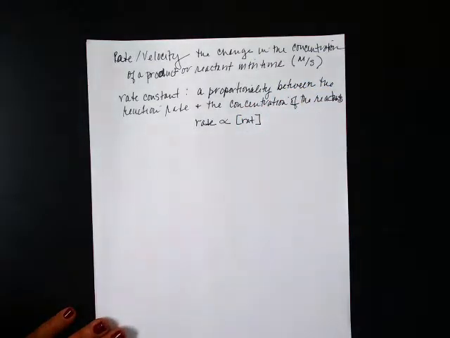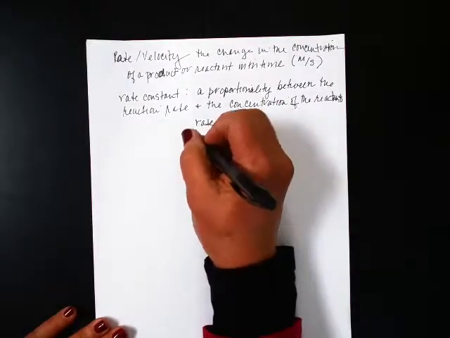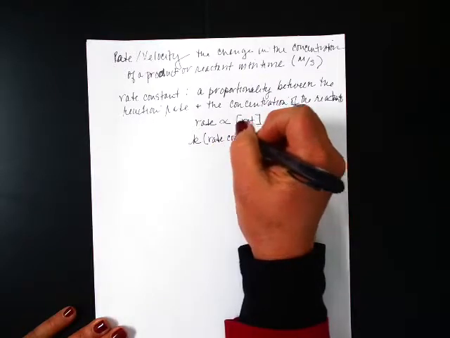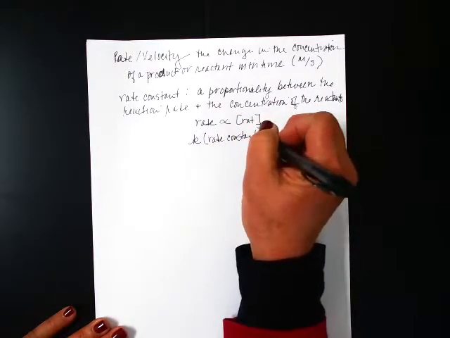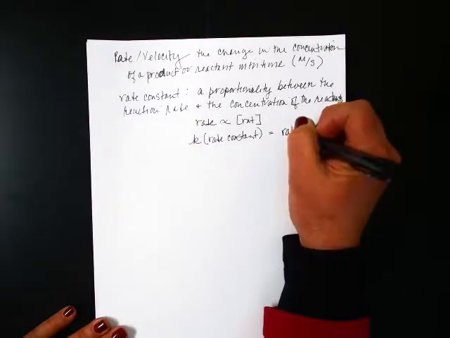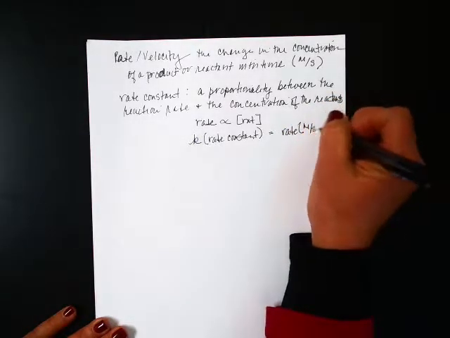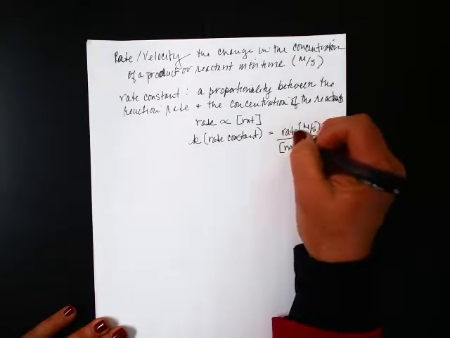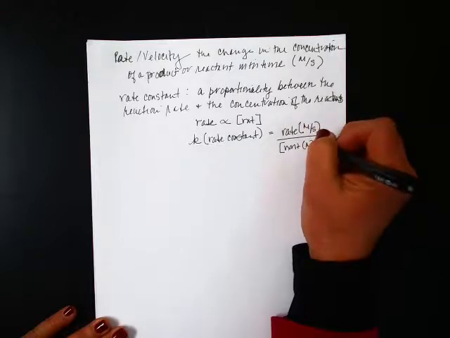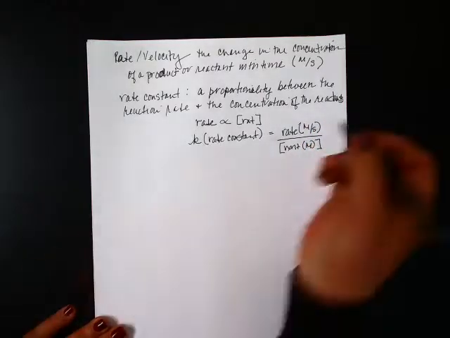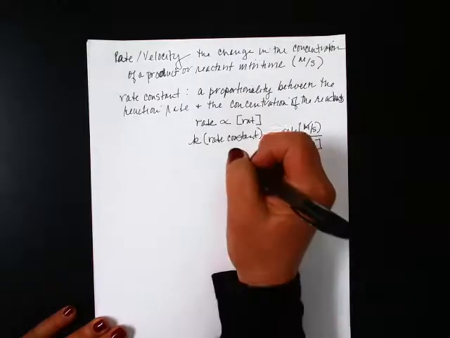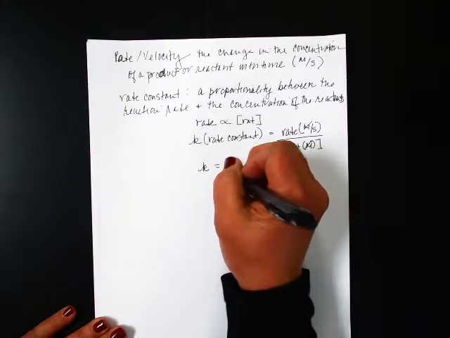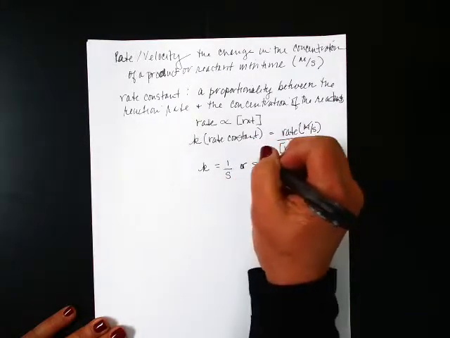That being said, K, which is our rate constant, equals the rate in molarity per second divided by the concentration of that reactant, and that is the molar concentration. So the molarity units cancel, and our rate constant, or K, will have units of 1 over s, or s to the minus 1.